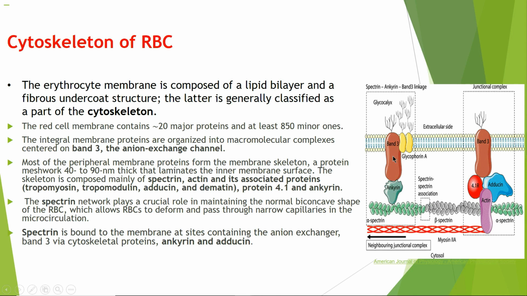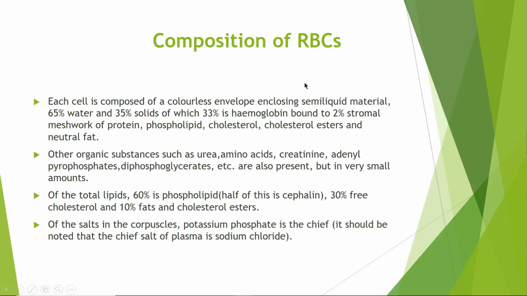All right. Now the composition of RBC. Earlier we discussed the plasma membrane structure of RBCs. Now we are going to see what's inside the RBC, inside its cytosol. It has a semi-liquid material inside, with 65% water and 35% solids, of which 33% is hemoglobin bound to 2% stromal meshwork of proteins, phospholipids, cholesterol, cholesterol esters, and neutral fats.